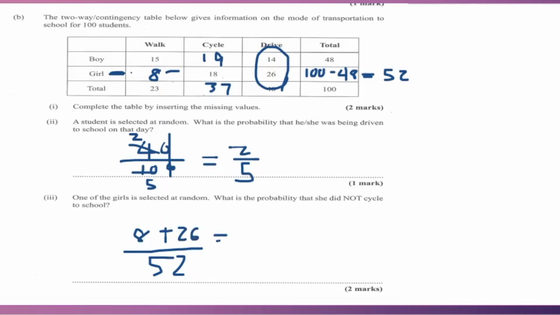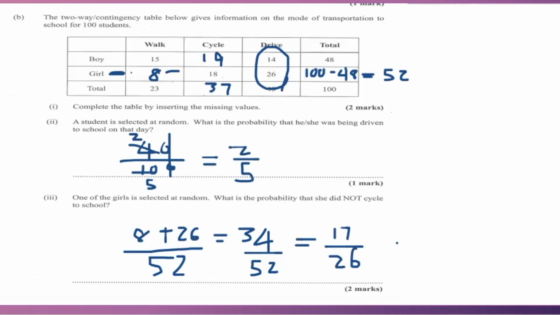So 8 plus 26, that's 34. So I have 34 over 52. And then reducing this, divide 34 by 2, I will get 17, and 52 divided by 2, that's 26. So the probability is 17 over 26.